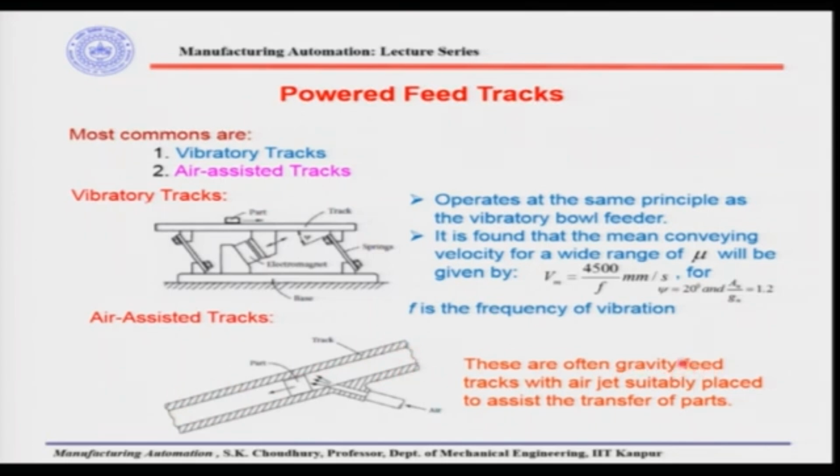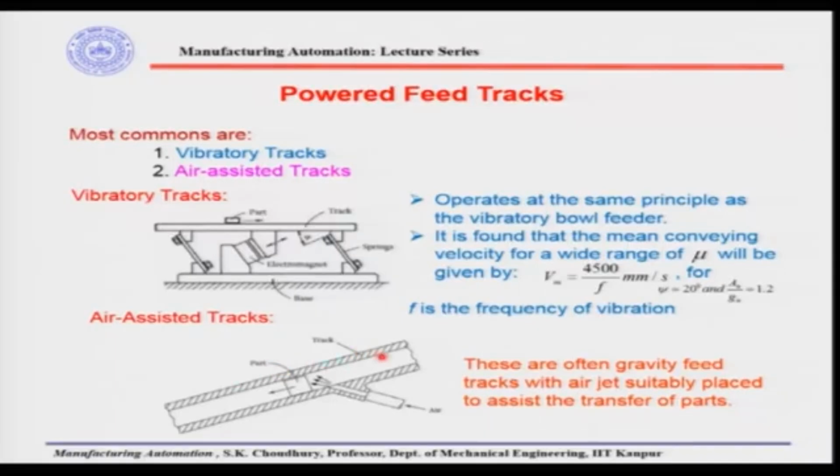Gravity feed tracks we have seen earlier, but in the case of a gravity feed track as well, although we are using gravity for feeding the parts, it may so happen that the parts inside the feed track get clogged. So, to assist the parts to move smoothly, we have a passage for passing high pressure air.